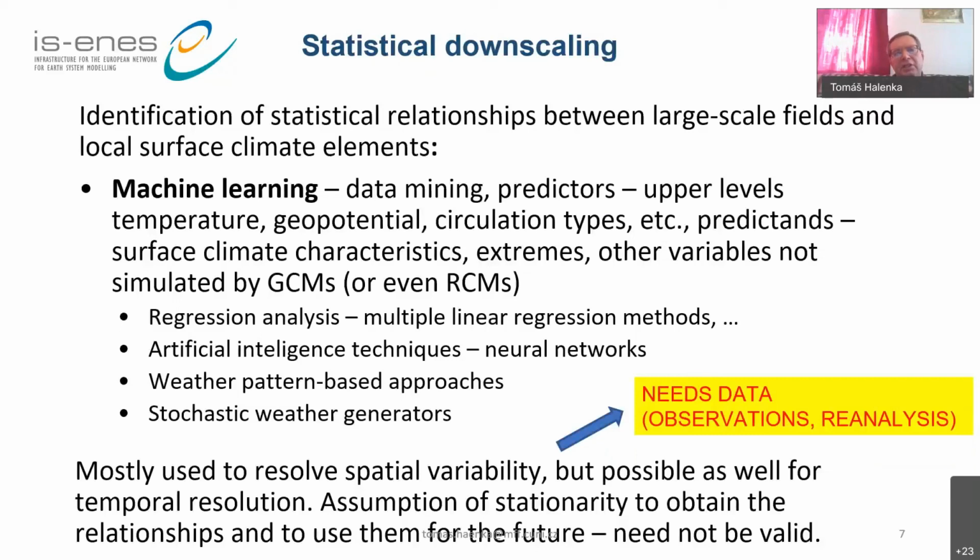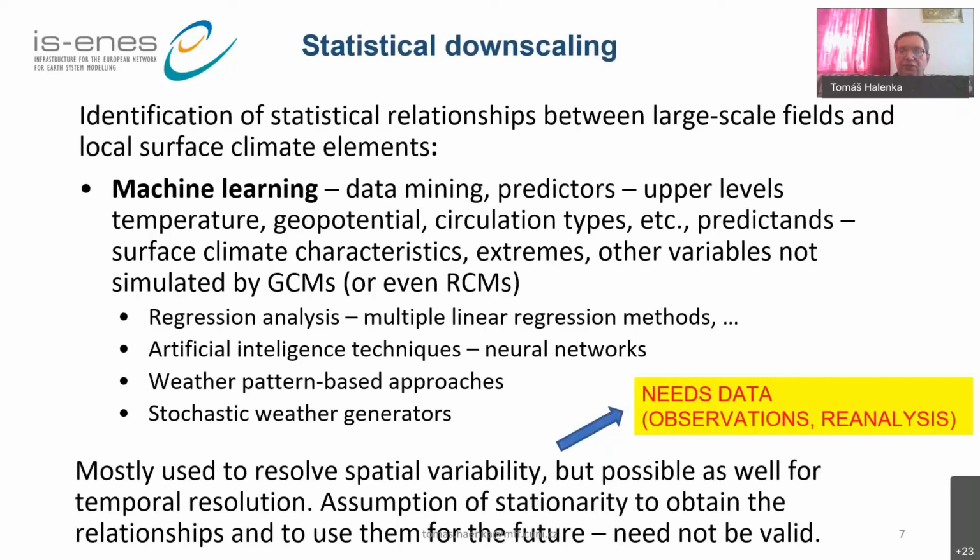It definitely needs data. You need plenty of high resolution observation data. You can use analysis as well, but mostly it's done based on observations, because the analysis sometimes are slightly biased, as well as the models can be. So the issue of data is a really important one.